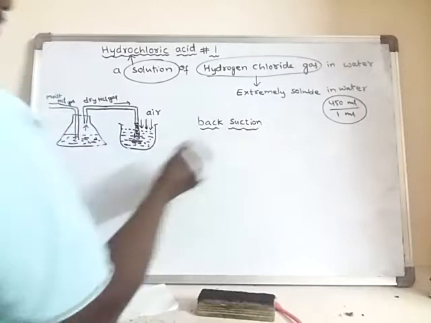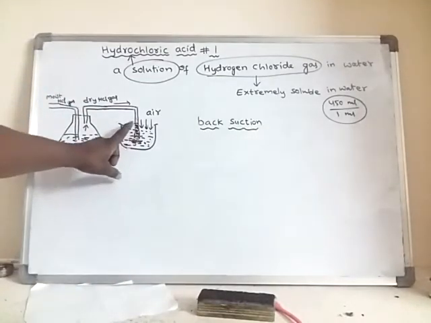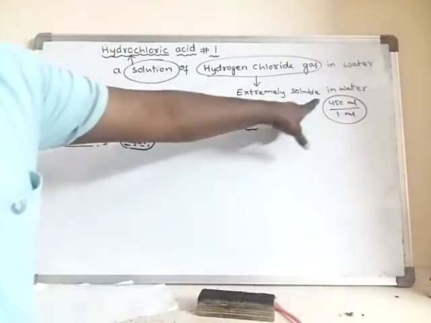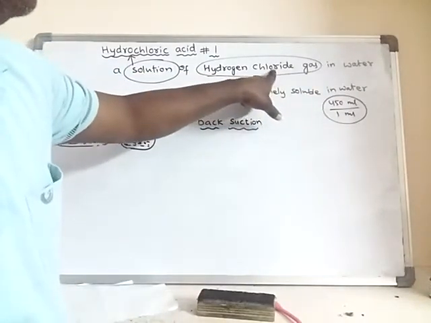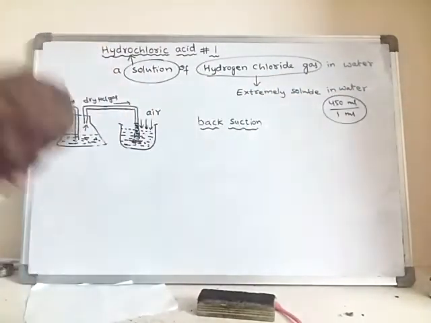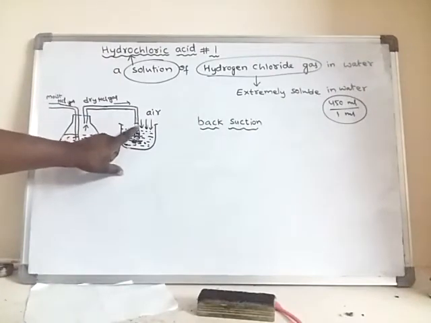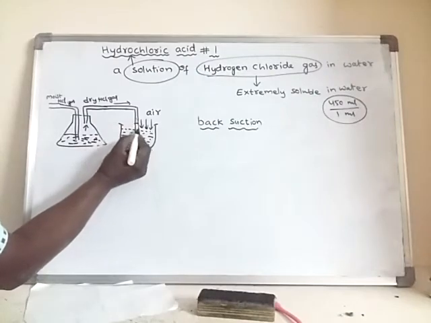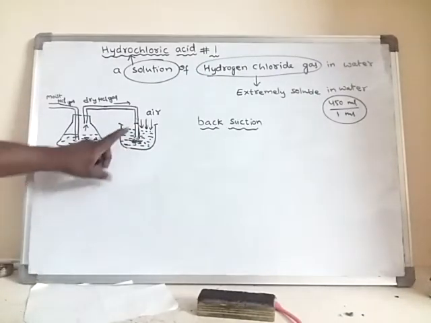So what is happening? Because of the extremely soluble nature of hydrogen chloride gas in water, empty space is developed in the delivery tube.